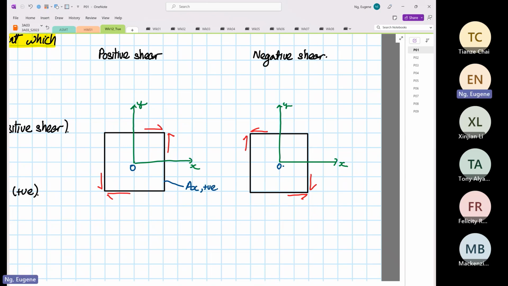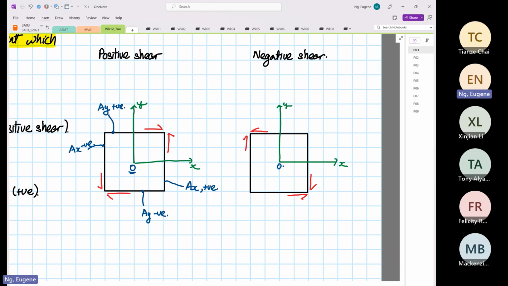Over here, area Y is also positive. And then if you go down here, area Y is negative, relative to this origin over here. And over here, area X is negative.